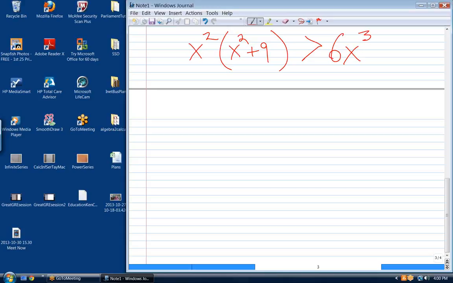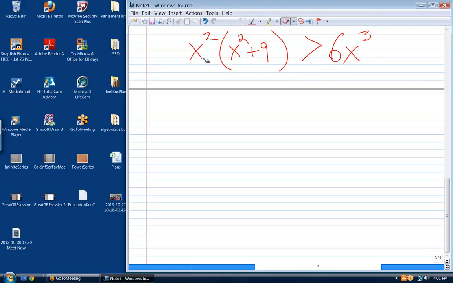Now, I said, can we divide by x squared? Actually, we can. Why? Because x squared is always a positive number, so I don't have to worry that I'm going to change the direction of the sign when I divide. If I divide both sides by x, definitely can't do that.